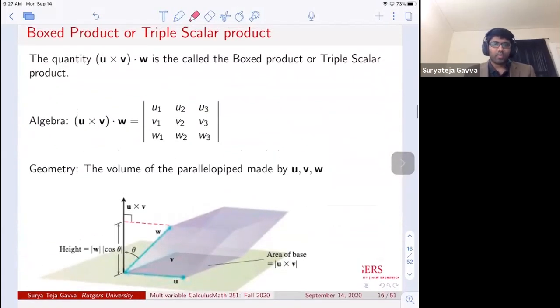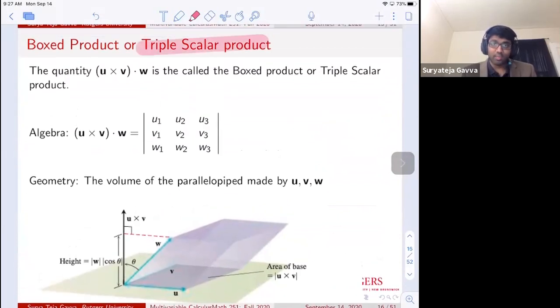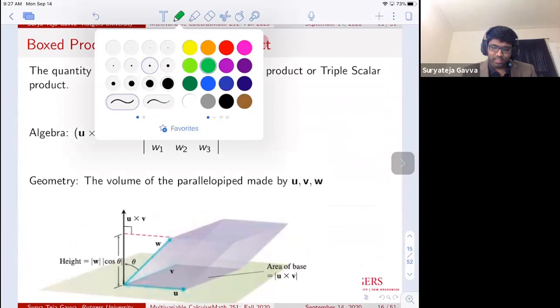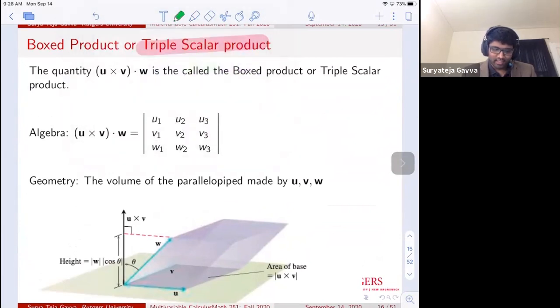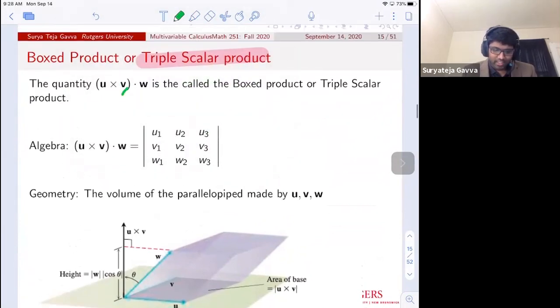Okay, so let's move on. There's another new quantity called the box product, or the triple scalar product. So what does it mean? It's basically u cross v, dotted with w. You take the cross product of u and v and take the dot product with w.